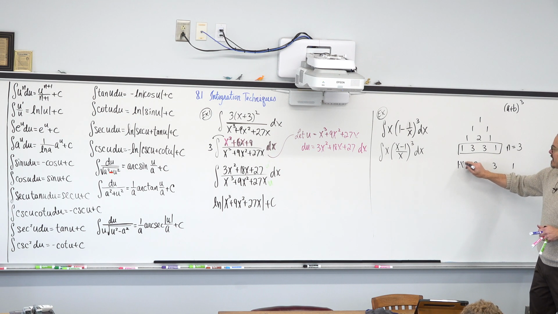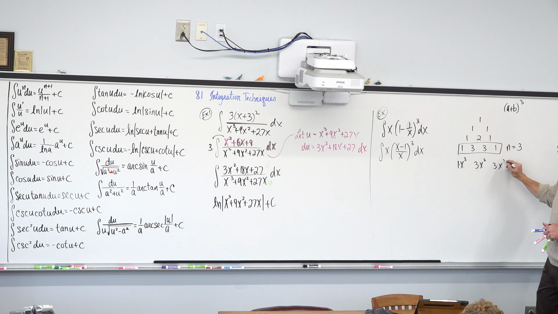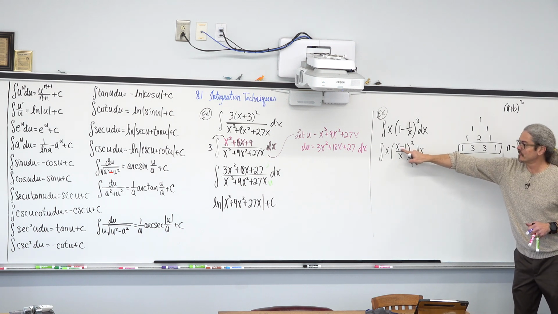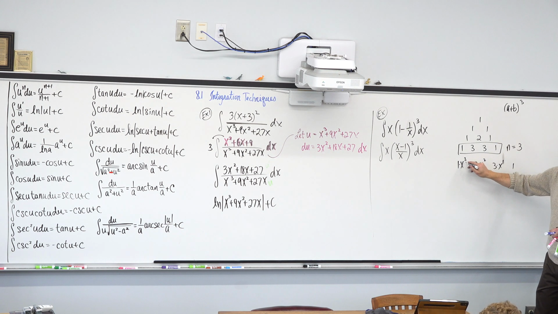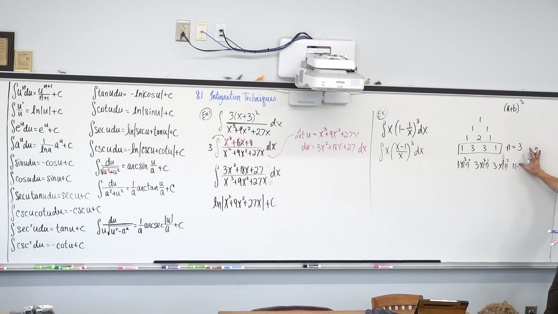We're going to have times x to the third, x to the second, x to the first, and then x to the 0 power. And then our second term, the binomial expansion formula is for the addition of terms, not the subtraction of terms. So we have a -1 to the 0, a -1 to the first, then to the second, and then to the third.